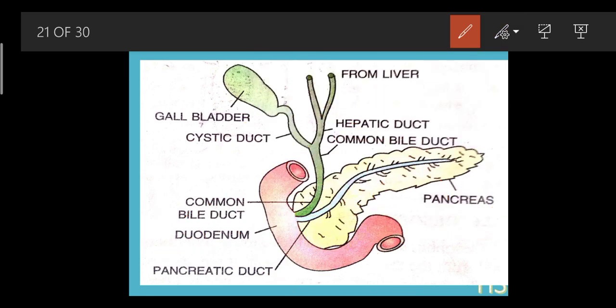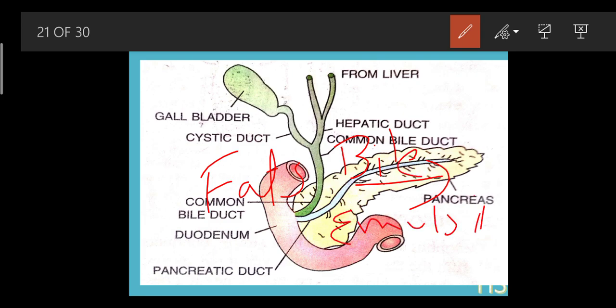And the second one is the fats. Fats are one of the substances which are not easily digestible. So what happens with this fat? The fats present in our body, with the help of this bile, get converted into emulsified fat. What do you mean by the word emulsified? Breakdown.